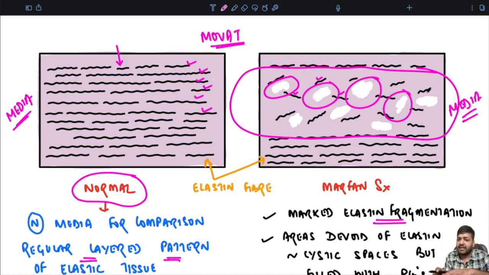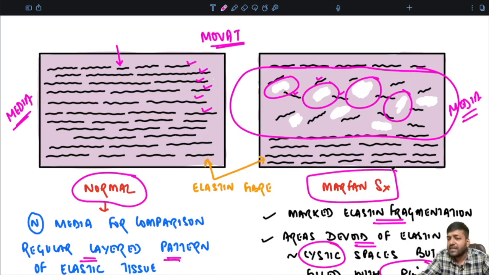These cystic spaces become filled with a basophilic, mucinous material called proteoglycans. So areas devoid of elastin fibers form cystic spaces filled with proteoglycan. This is called cystic medial degeneration, as we can appreciate over here. This is a patient of Marfan syndrome, and such cystic medial degeneration can be appreciated.